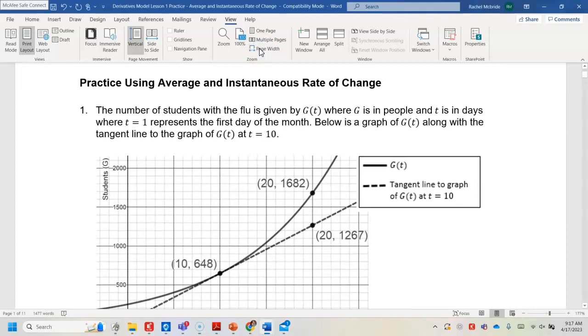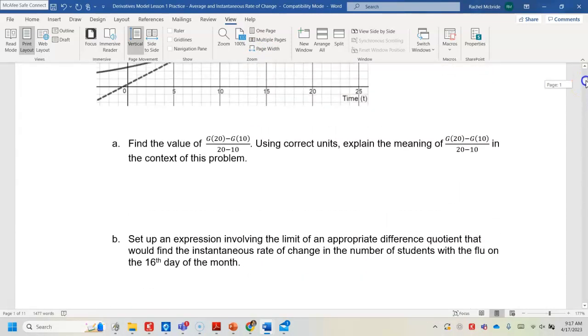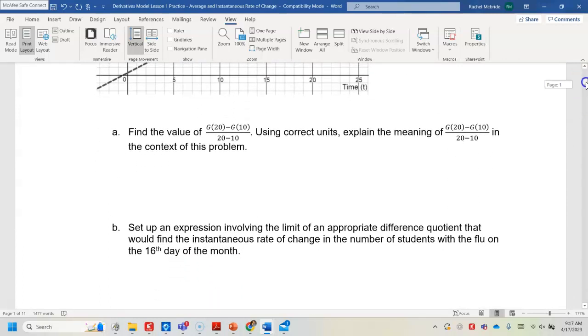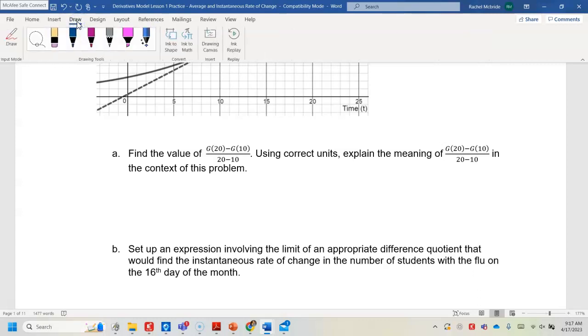So again, if you're taking 20 minus 10, in terms of that problem, g of 20 represents the number of people with the flu on day 20. So g of 20 would be 1,682.